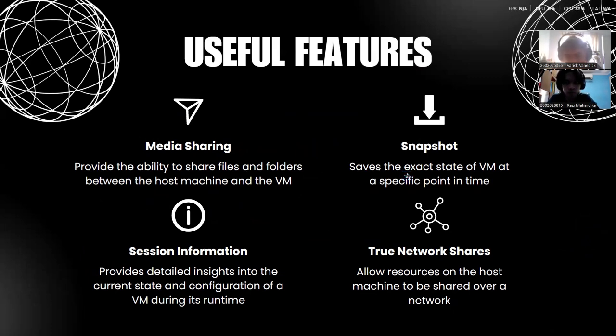For snapshots, it means saving the exact state of the virtual machine at a specific point in time. This can be used to save changes, so if there's an error, you can turn back to that state of the virtual machine.